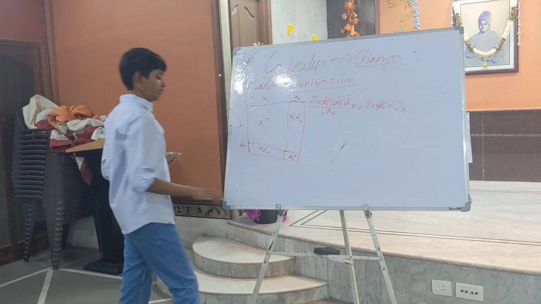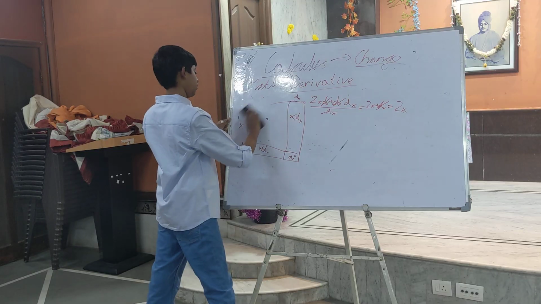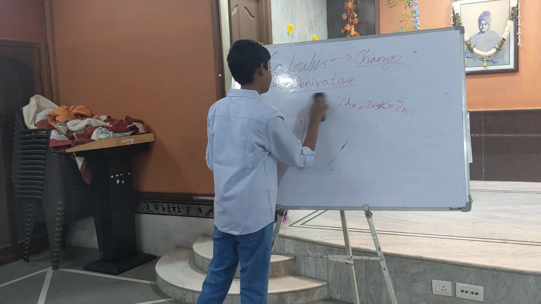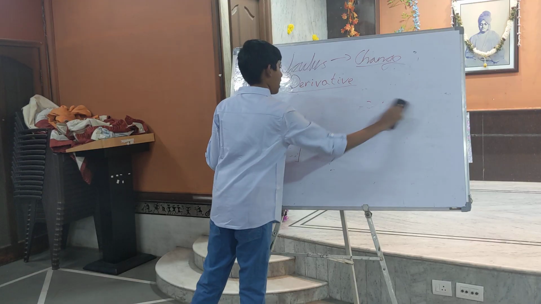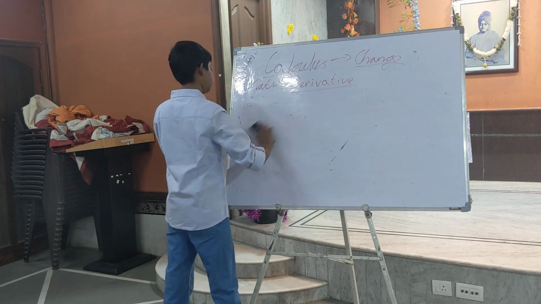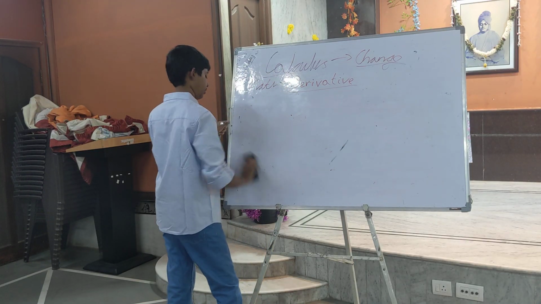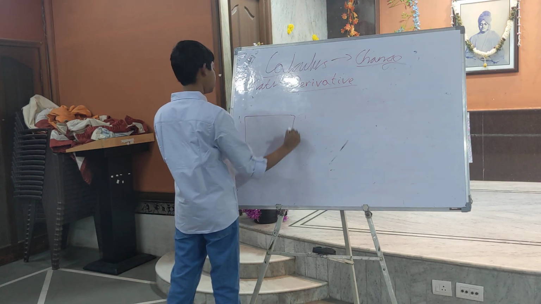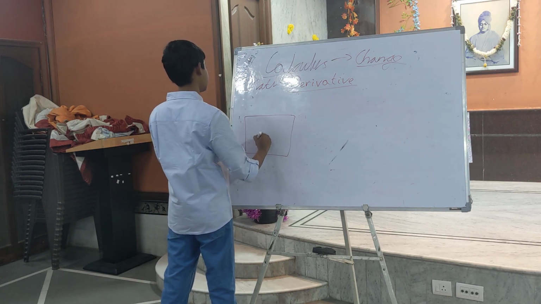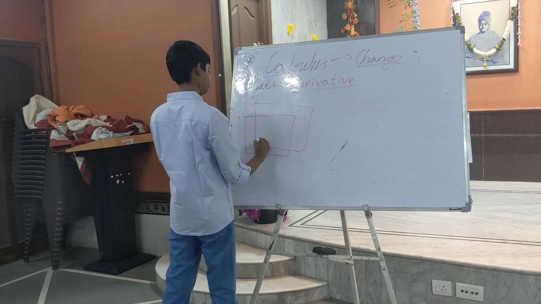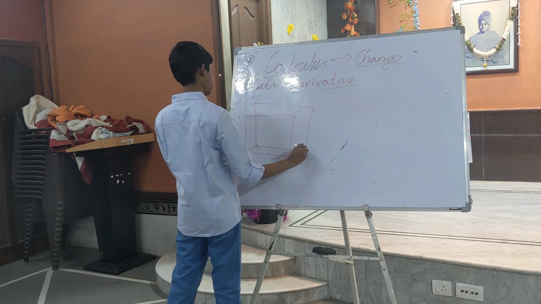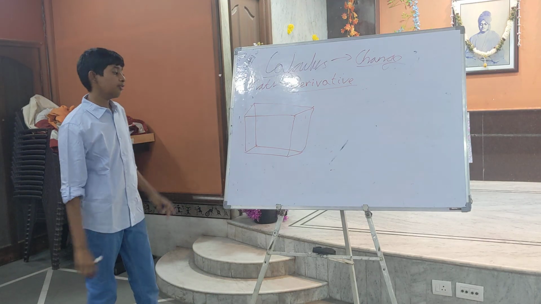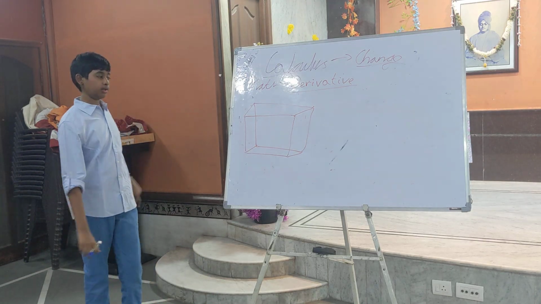Now, once we have done this, there's a very natural next step after finding the derivative of x squared, which is to continue on by finding the derivative of x cubed. And again, I am literally just going to draw x in a cube, with all sides x, and the volume of this cube is going to be x cubed.